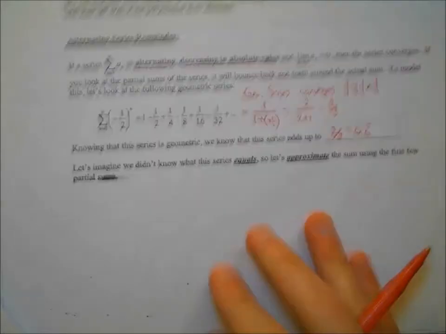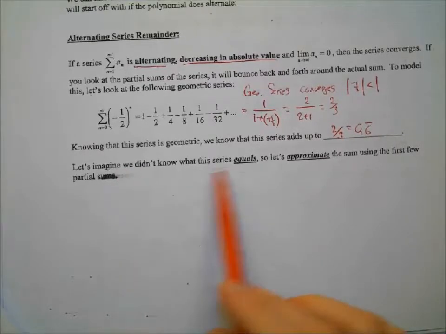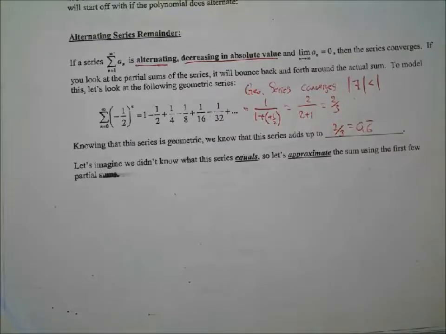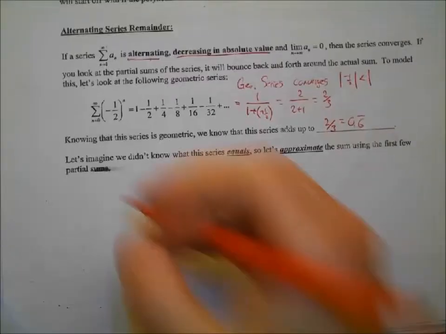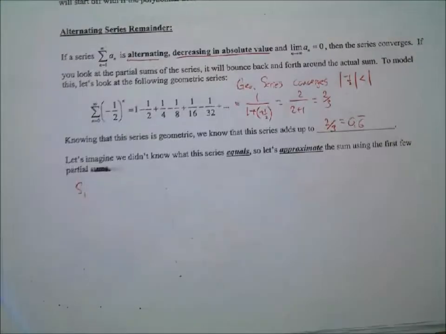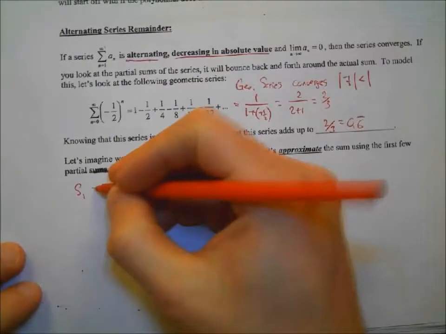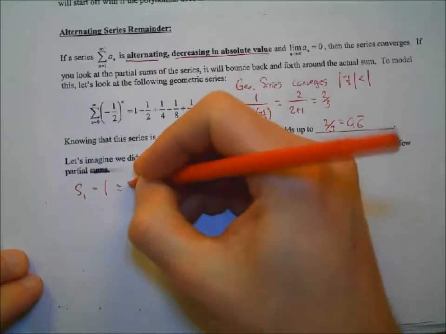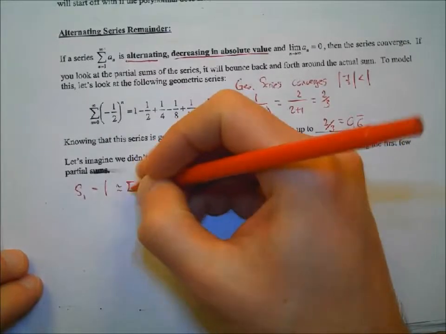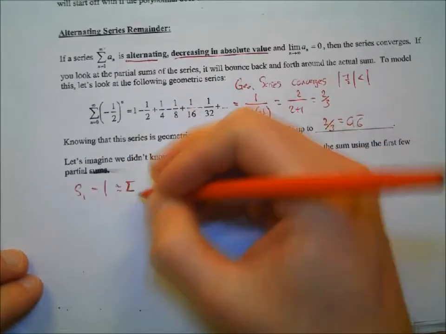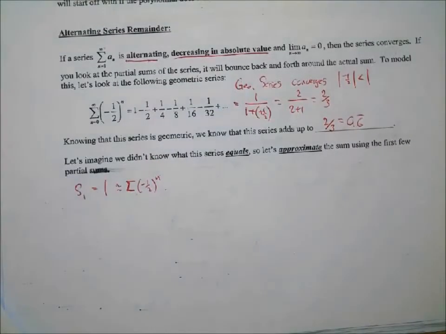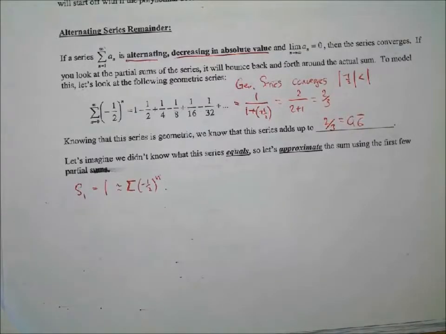So again, let's imagine that we didn't know what this series equals, and we're going to approximate using the first few partial sums. If we use the first partial sum, just the first term, that's equal to 1, and that is one approximation of our actual sum of (-1/2)^n. This is like what we do with a Taylor polynomial: we start with a degree 1 kind of thing, the first term.